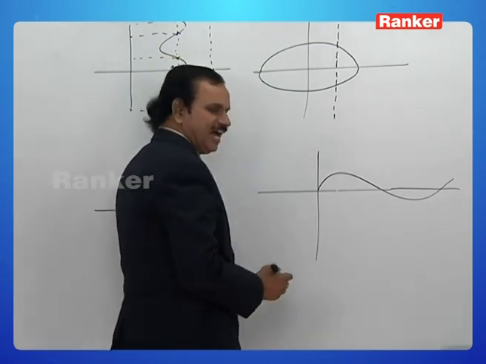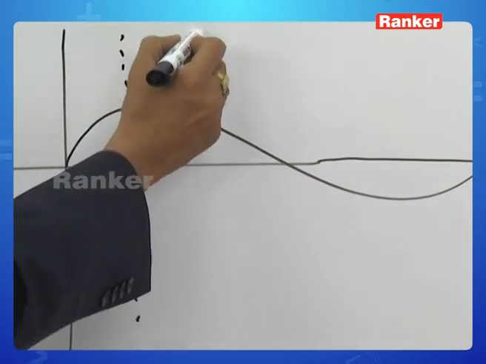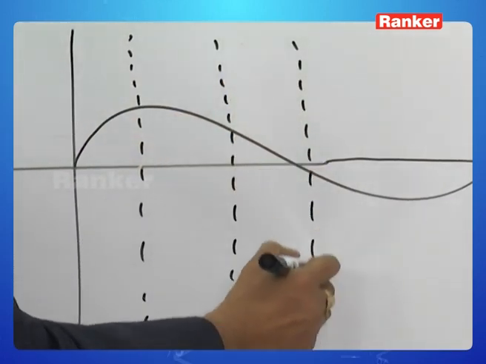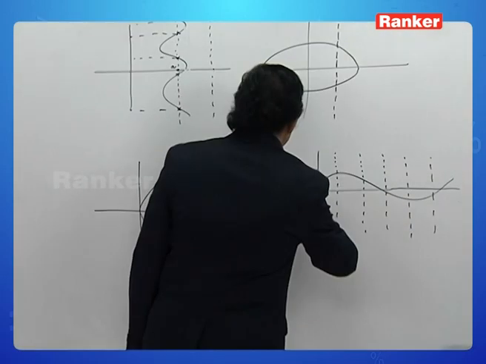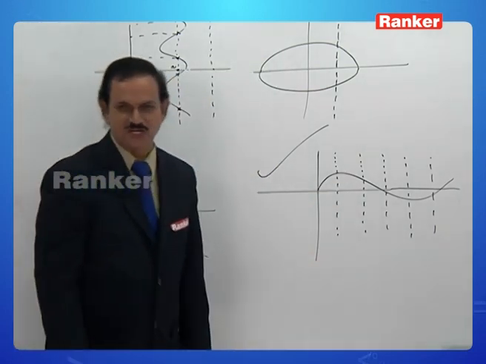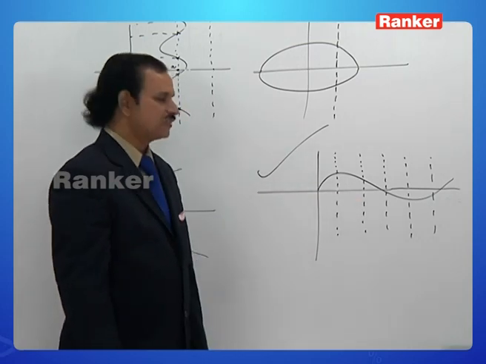Draw a vertical line anywhere you want. It cuts the curve at most one point only, exactly at one point only it does cut. That is why this is the only graph which corresponds to a function, and everybody knows that this is the graph of f of x equal to sin x.